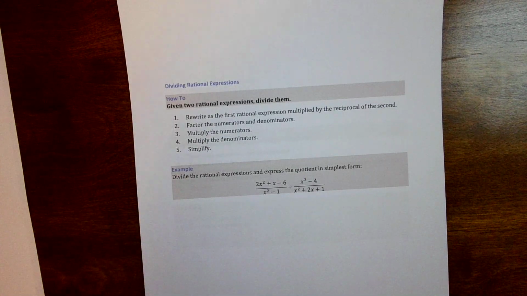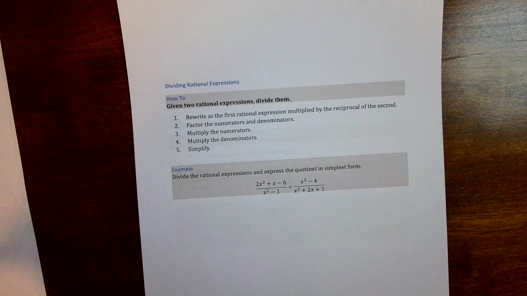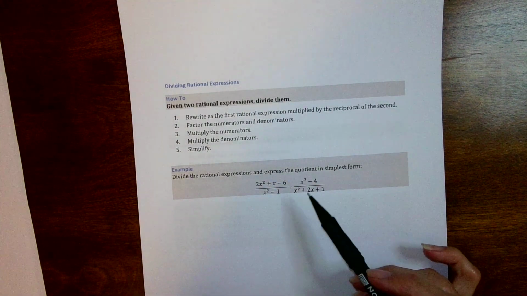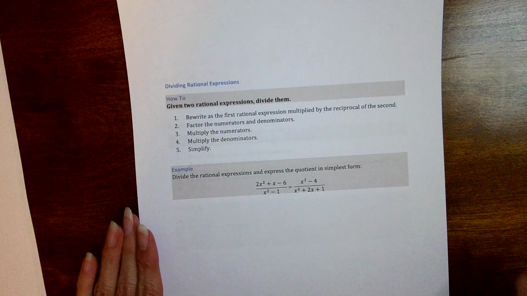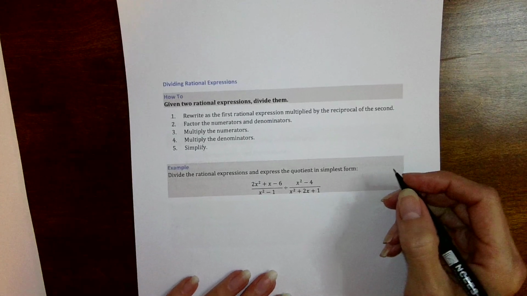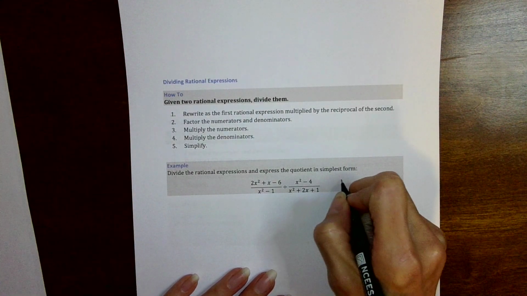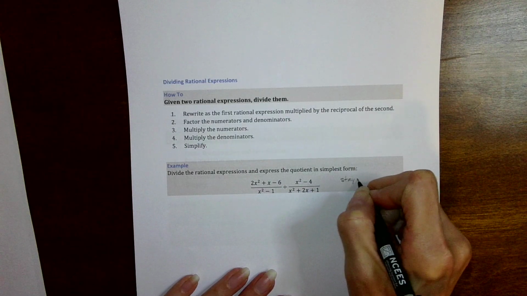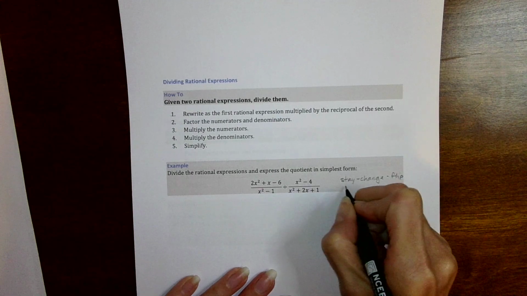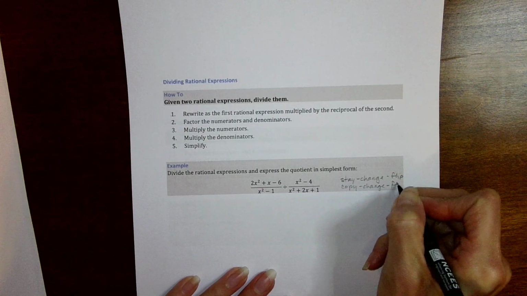So if we divide these, we do the same thing except we have one extra step. Anytime you divide by a fraction, you flip the second fraction and you multiply. They didn't teach this when I was in school, but when my kids are in school, they call it stay, change, flip, or copy, change, flip.